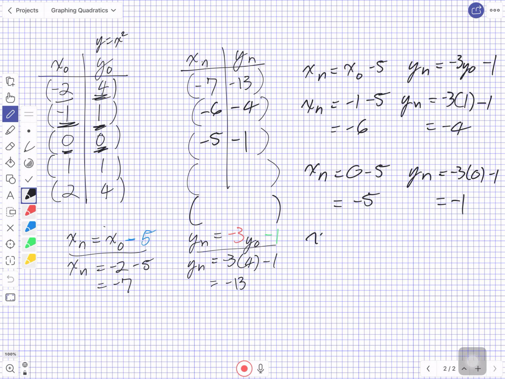We'll do each one. X new is equal to the old x was 1 minus 5. It's going to be negative 4. Great, that worked great with our pattern. The new y is equal to negative 3 times the old y was positive 1. Oh, this was negative 1, wasn't it? Yes, it was. Oh, I made a mistake here. Negative 3 times negative 1 should have been positive 3.